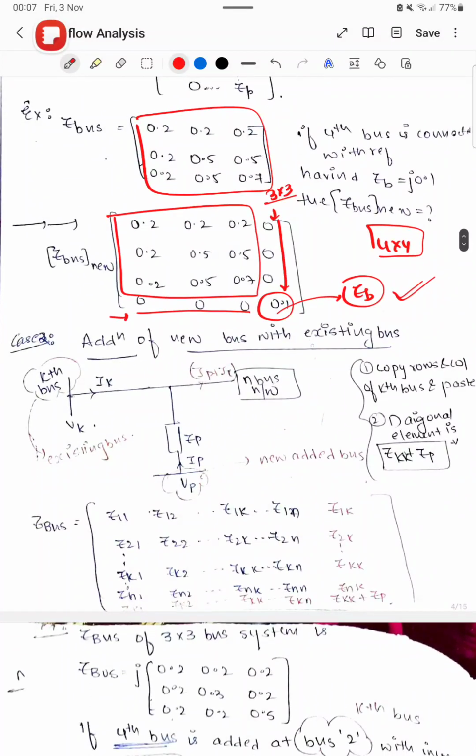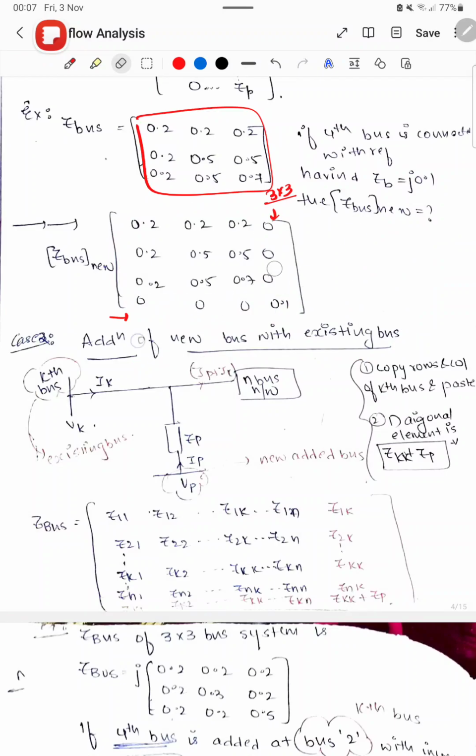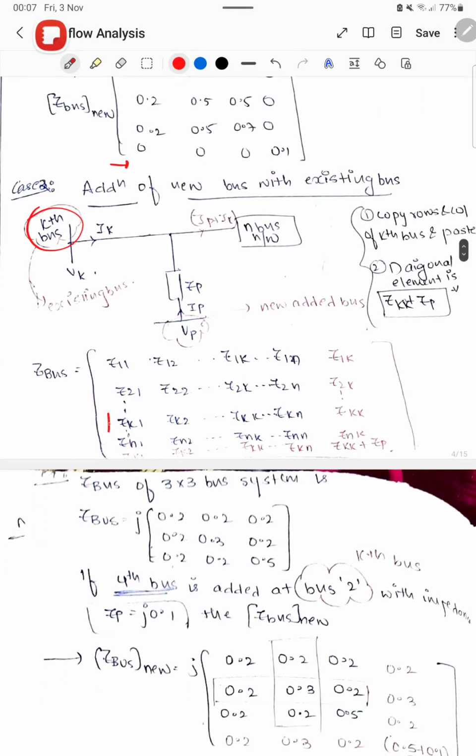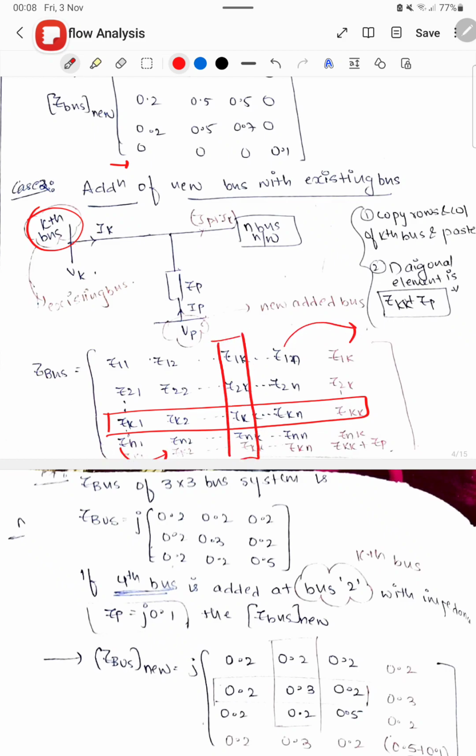Now when you add a new bus to an existing bus, let's say the existing bus is the kth bus. Again you will have the kth row and kth column, and the last row and column you will update with those, except z and n.